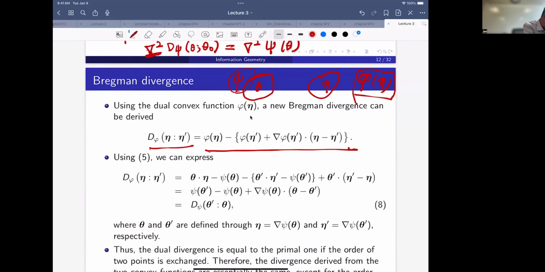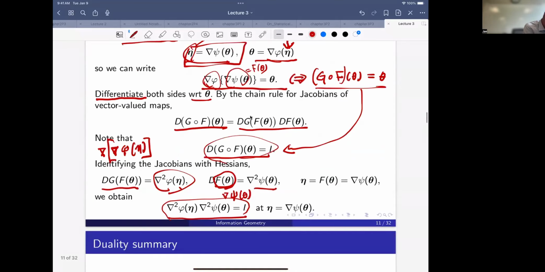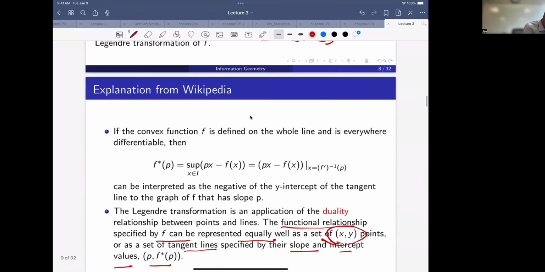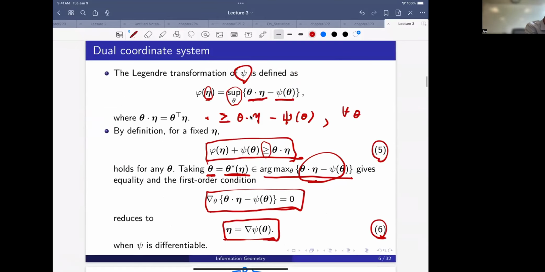This is interesting because, using equation 5, what is 5? This one. This is for any, right?